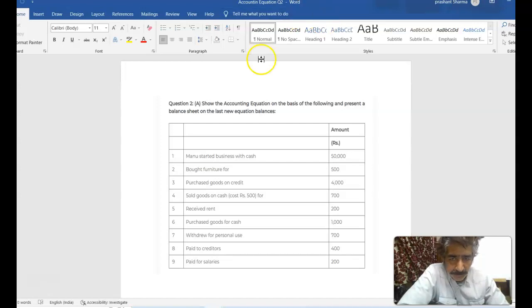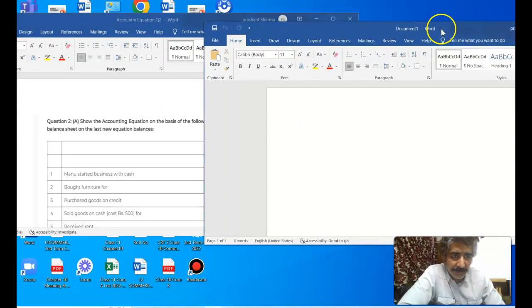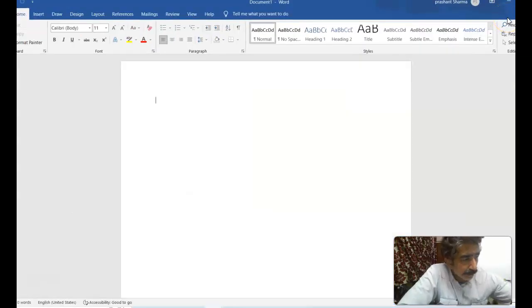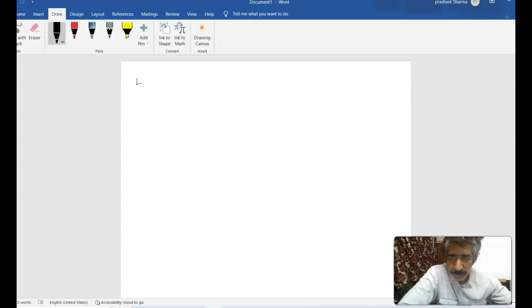So first transaction says Manu started business with cash rupees 50,000. So how are we going to reflect it in the accounting equation? I told you the basics. You need to first write the accounting equation.